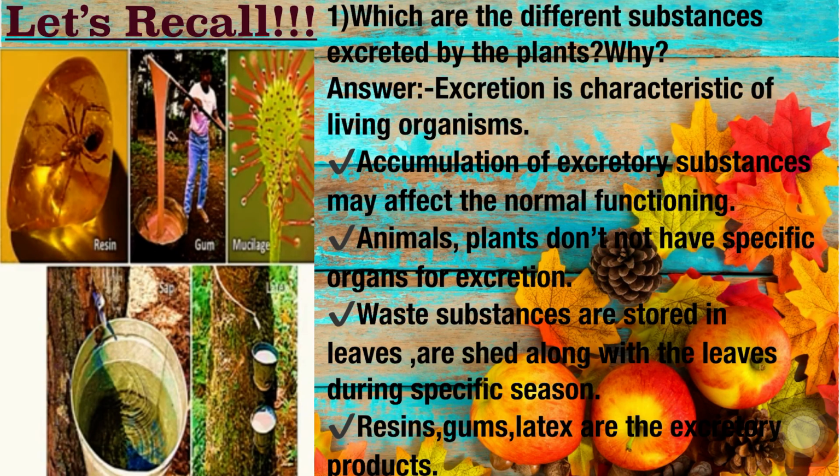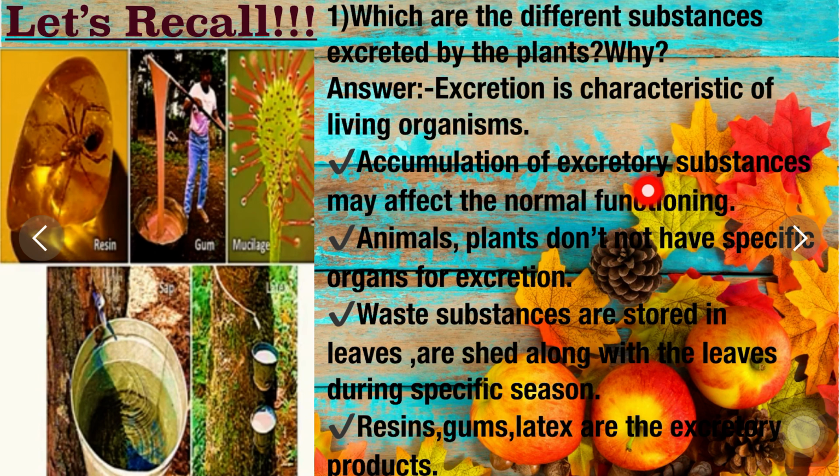Students, now let's recall what you already studied in your previous standard. Students, do you know which are the different substances excreted by the plants and why? So, excretion is a characteristic of living organisms.